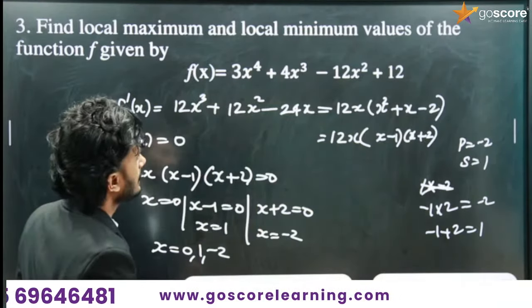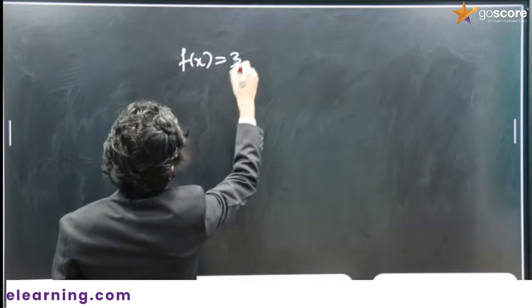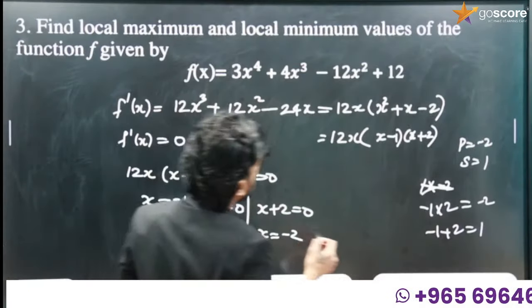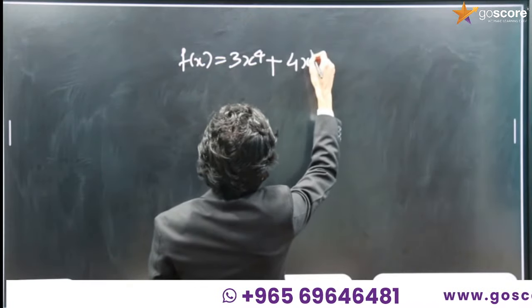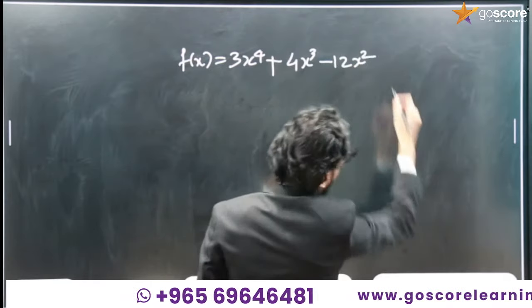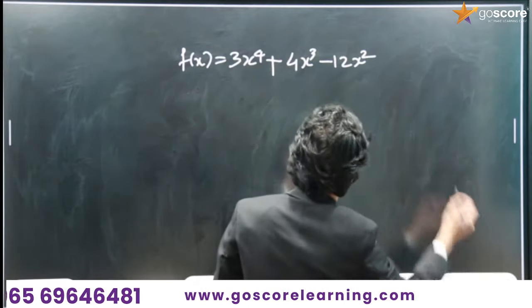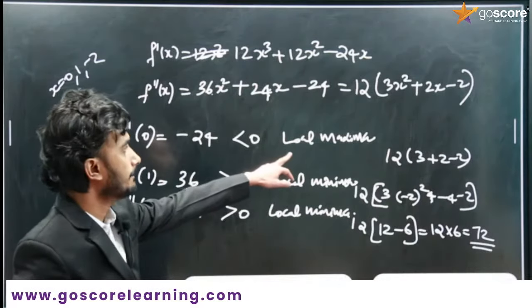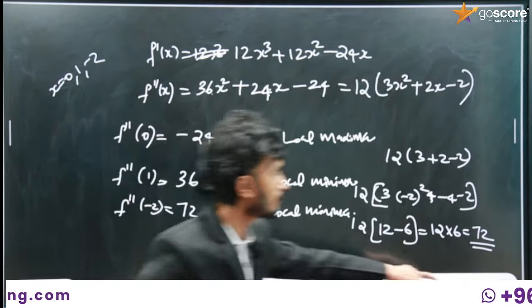F of x is 3x raised to 4 plus 4x cube minus 12x square plus 12. So first, for finding the maximum value, we will substitute this 0 in the f of x.